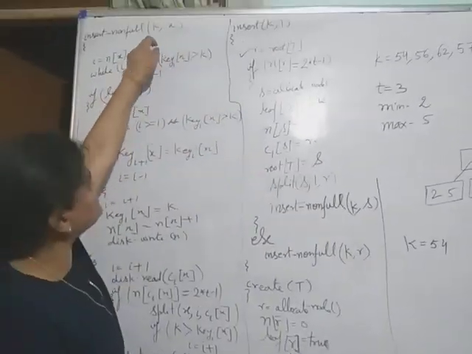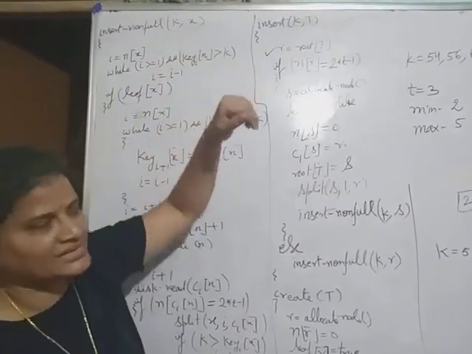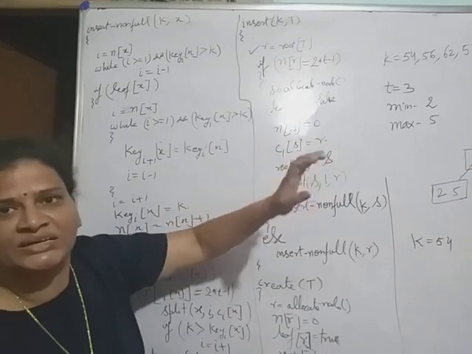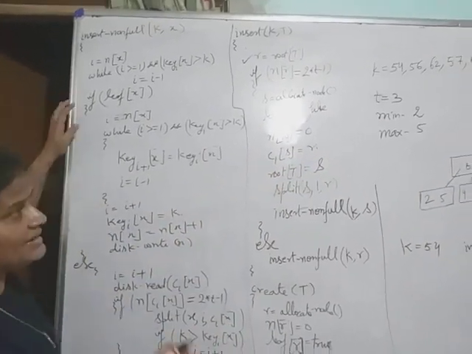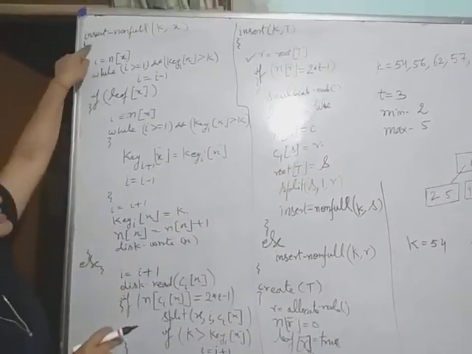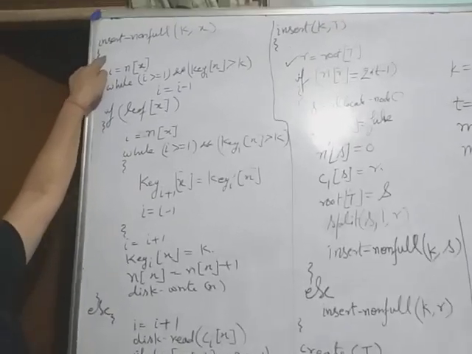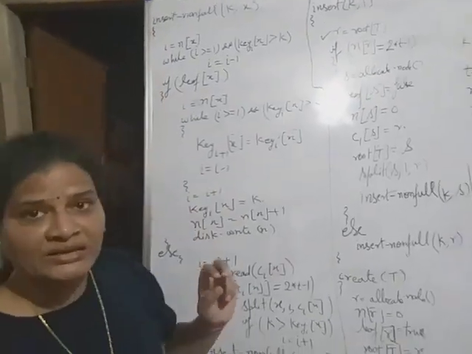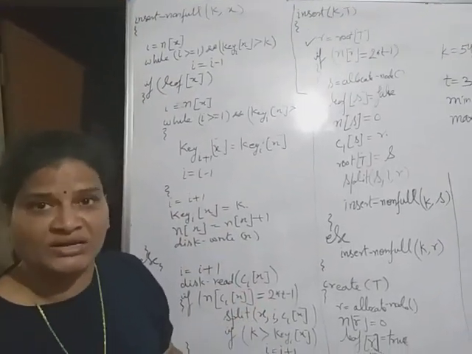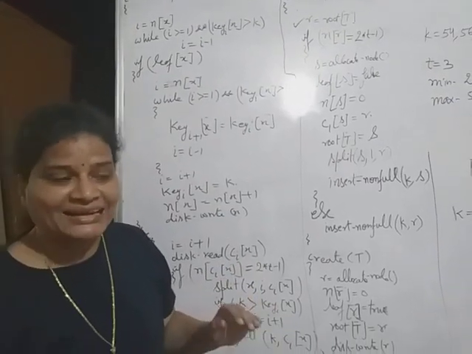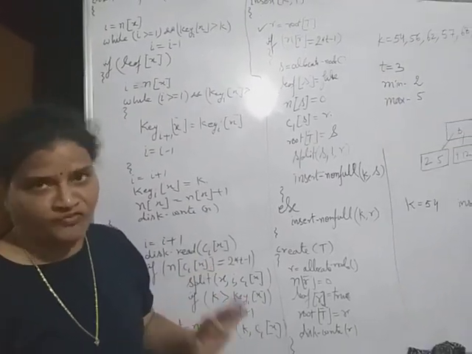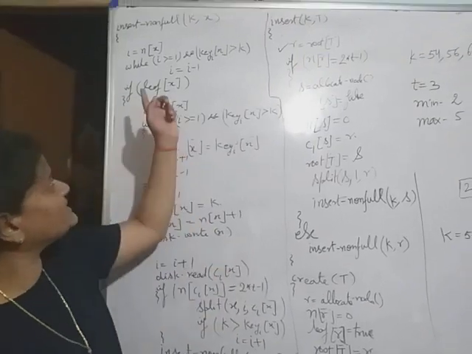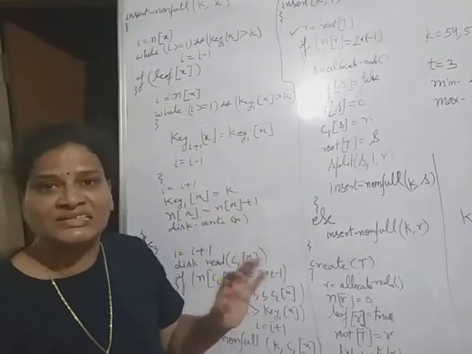So x is now pointing to the root node, and because it is clearly named insert non-full, when control is transferred to this function it is guaranteed that x is not full. Only then is the insert non-full function called.